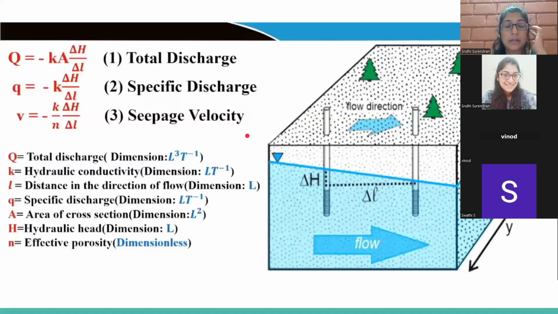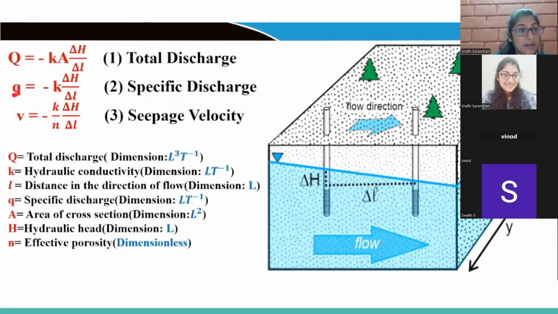Okay. So let's look into the different kinds of discharge velocity and terms that have been described in the lecture series. So we are talking about seepage velocities. If you see, seepage velocity is the product of the hydraulic conductivity and the hydraulic gradient divided by the effective porosity, whereas q is equal to again hydraulic conductivity into the hydraulic gradient.